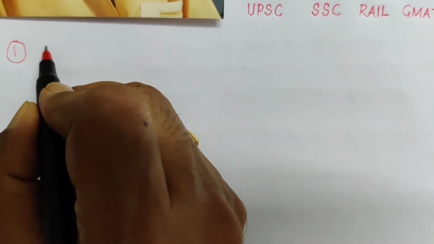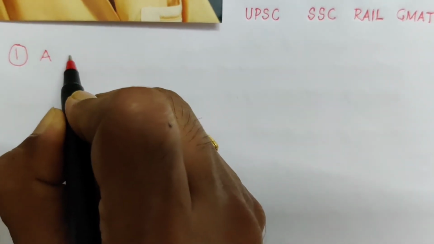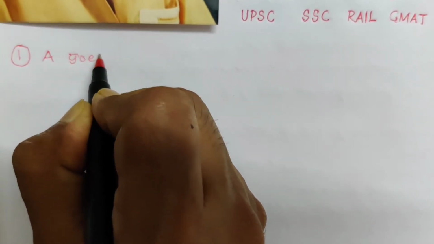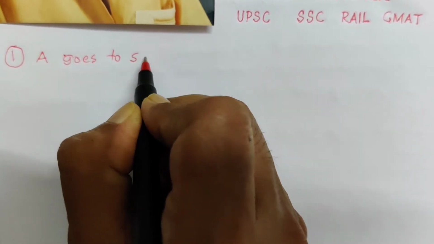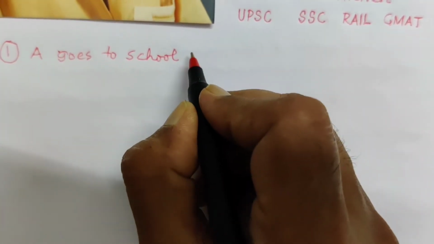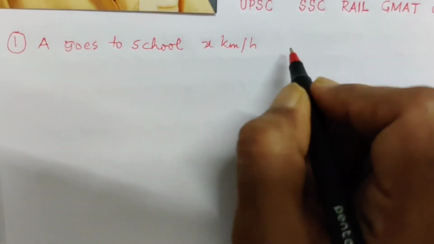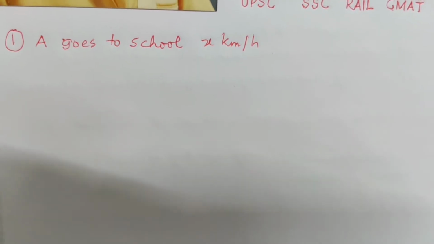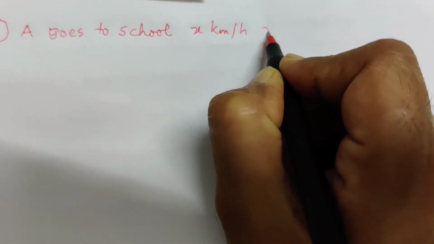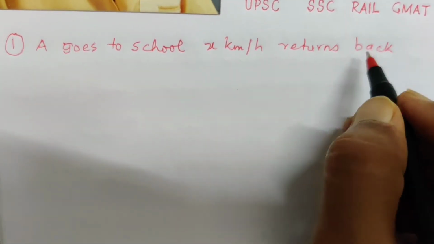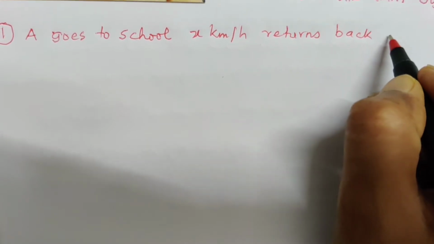Suppose a person A goes to school, goes to post office, goes to market, whatever it is, he goes to school at a speed of x kilometer per hour, and returns to his house, returns back wherever he was, at a speed of y kilometer per hour.